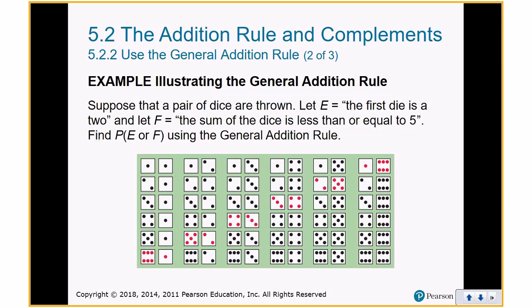Now here's an example of the sum of the dice being less than or equal to 5. Here I would use a complement. Why? Because it's easier. What's the complement?